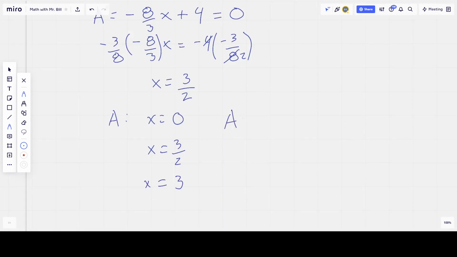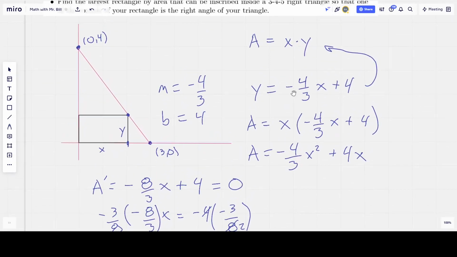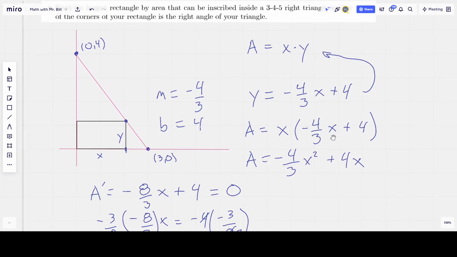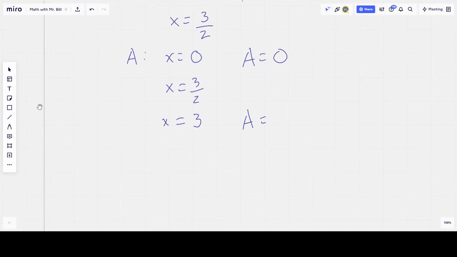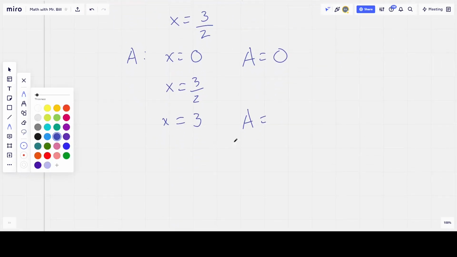When x is equal to 0, the area is 0. If x is equal to 3, you plug that in and you get 0 as well: negative 4/3 times 3, which is negative 4, plus 4 is 0. So both of them give us 0.